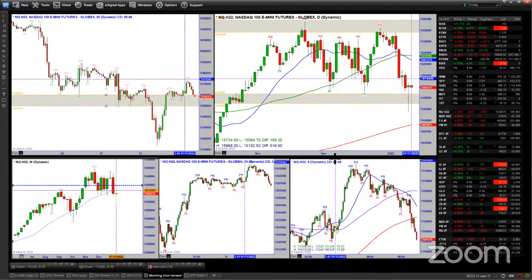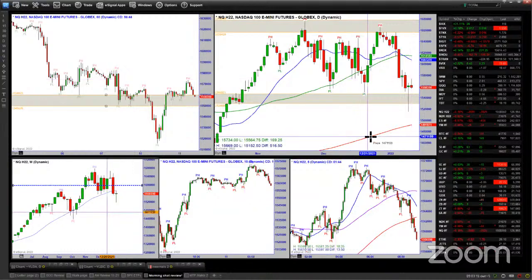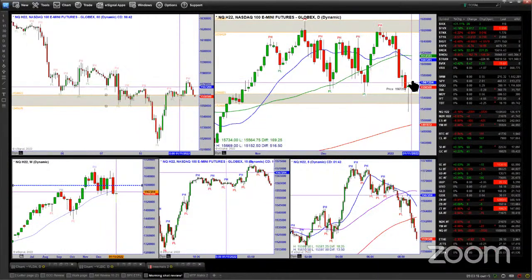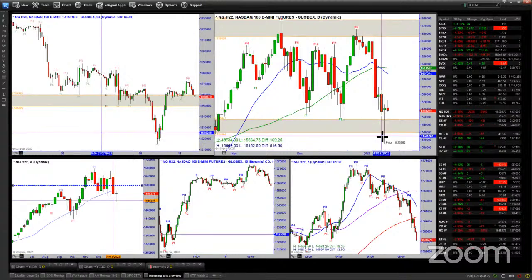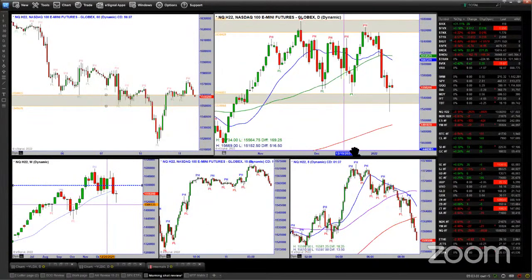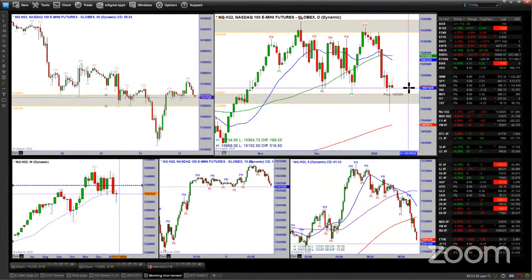It's technically what we call just a mess. Now, if it stays down here, how long does it have to stay down here? Well, I don't really know, but the longer it stays down here without a significant bounce, the greater the probability that it's going to go lower.